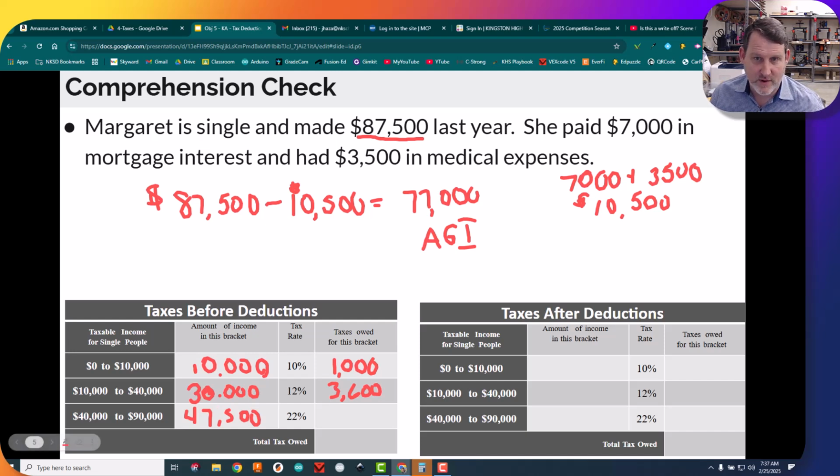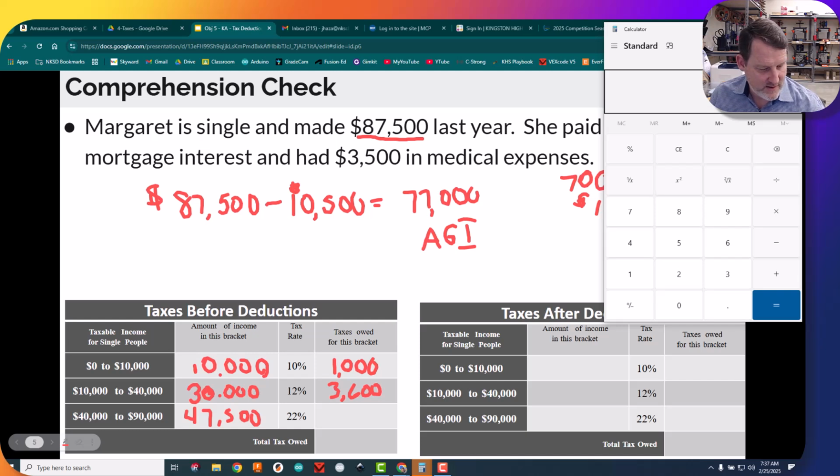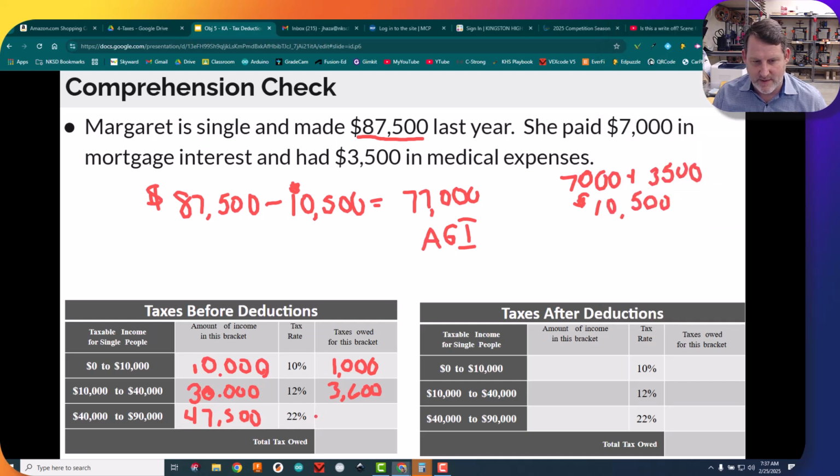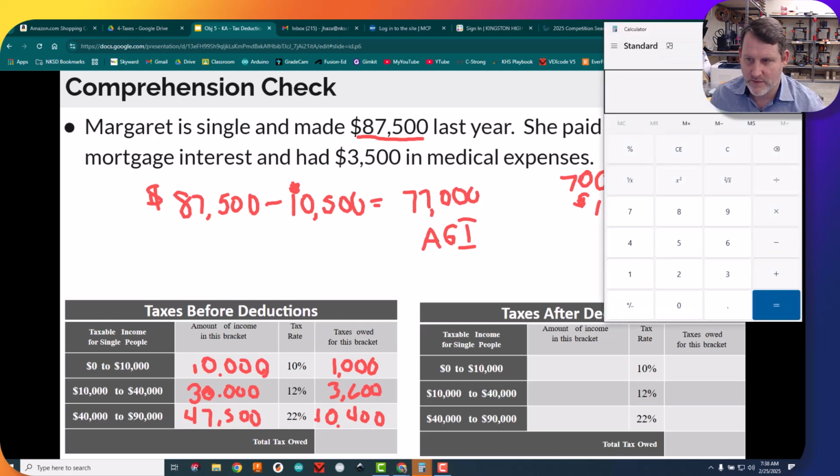And to do that, we're going to say $47,500 times 0.22 for 22%. And that gives us a tax for that one of $10,400. Is that correct? Yep. We'll assume it was correct.